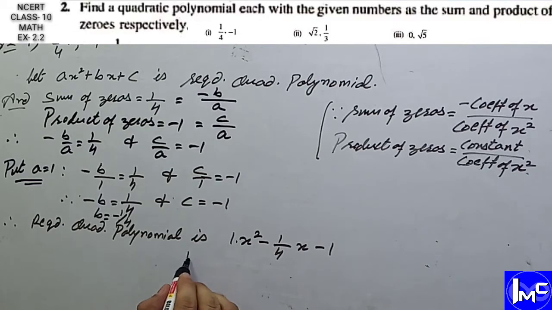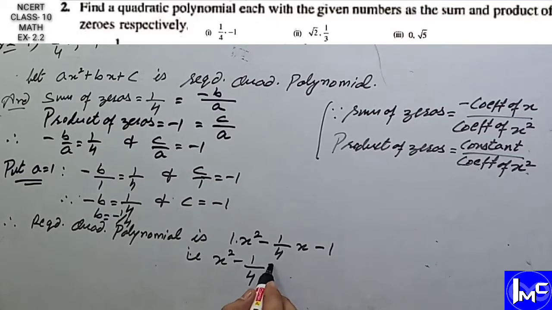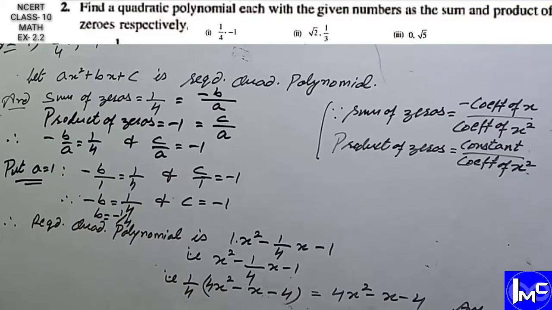That is x square minus 1 by 4 x minus 1, and it can be written as 1 by 4 times (x square minus x minus 4). I have taken 4 as LCM and 1 by 4 common from these three terms, and by omitting 1 by 4 you will get 4x square minus x minus 4. This is the answer.